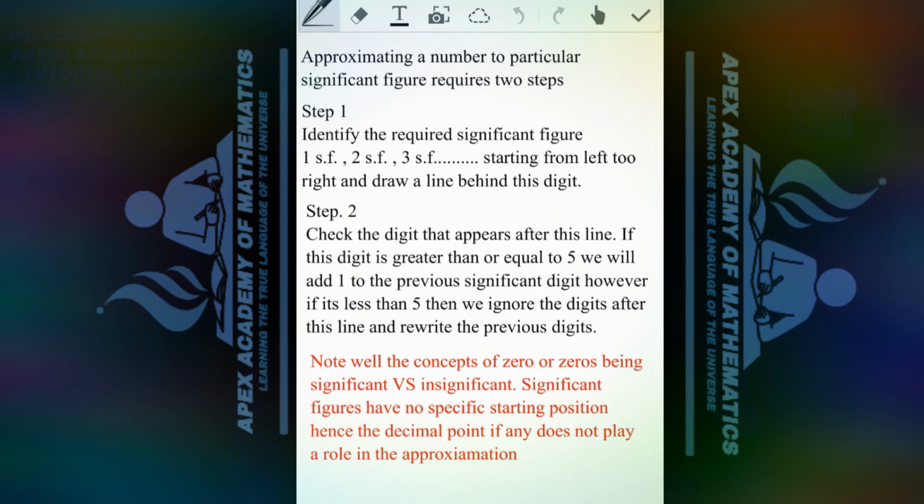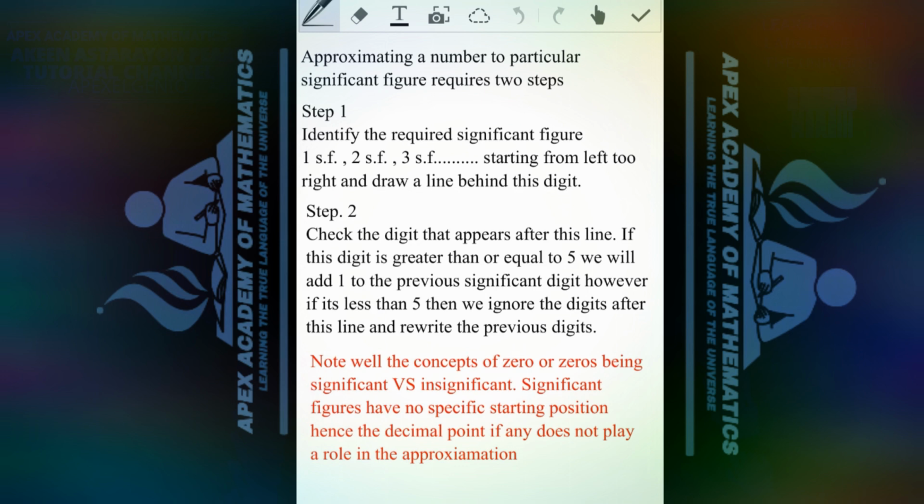When you're approximating numbers to a given amount of significant figures, you are to remember the concepts of zeros being insignificant or significant. Please bear that in mind, because sometimes it does give students quite a bit of a headache, especially as simple as this math may be. A lot of persons do overthink the question and get it incorrect.